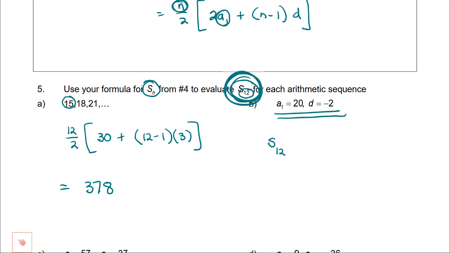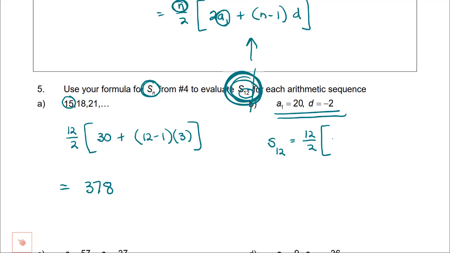This means the sum goes on forever, but we're going to stop at 12 for this question. All right? So, how many terms? 12. Cut that in half because we're going to pair them. Since we don't know the last term, we're going to try this second formula. Who is the first term? 20.